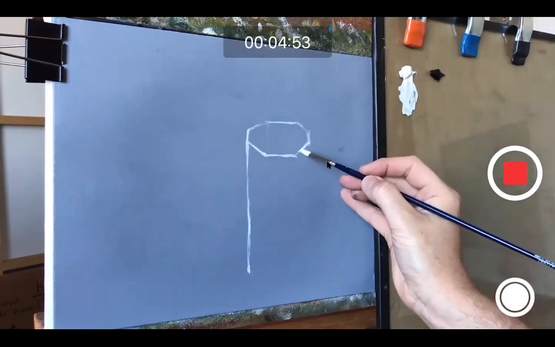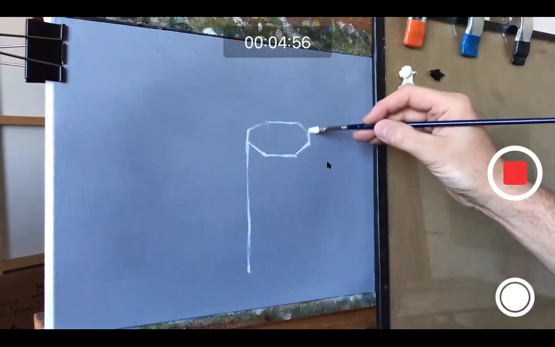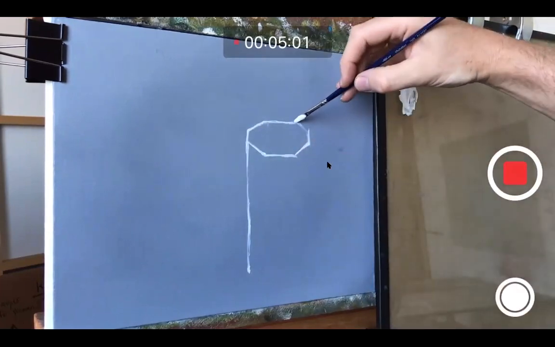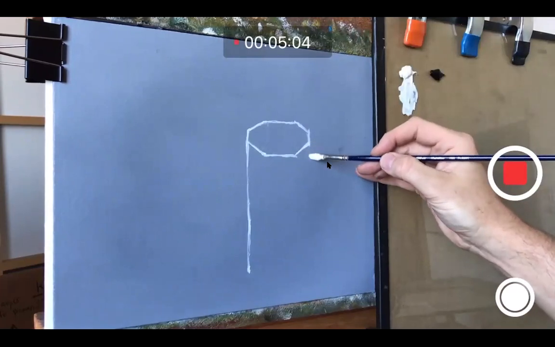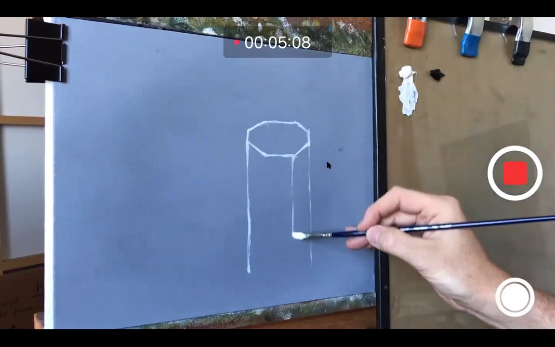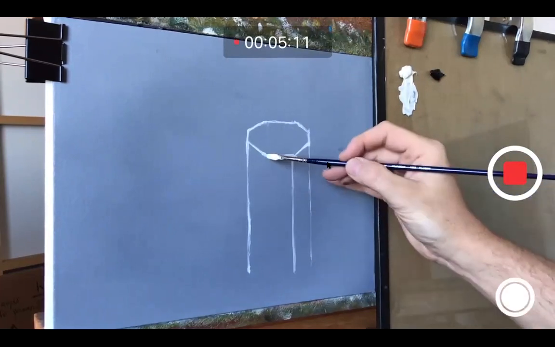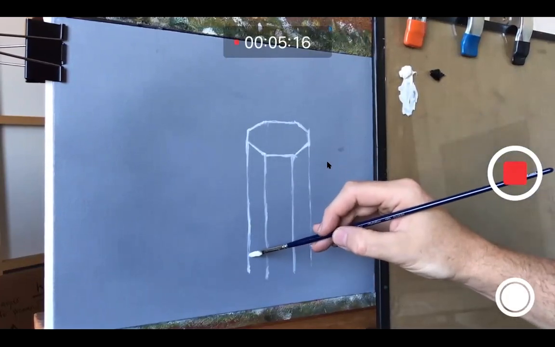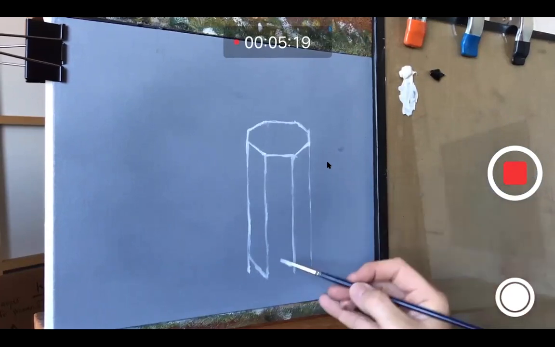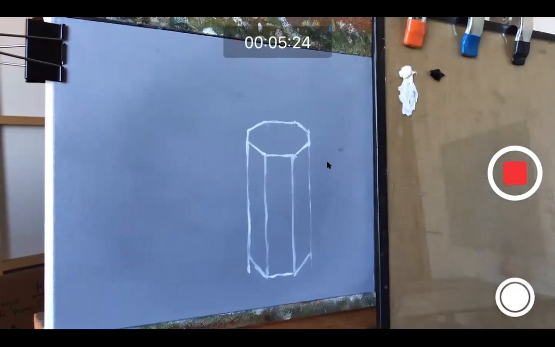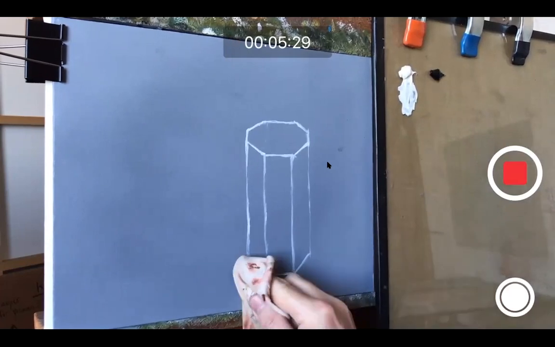So I'm going to imagine, again, an eight-sided column. Just so it's clear, I'm not looking at this, I'm imagining this.